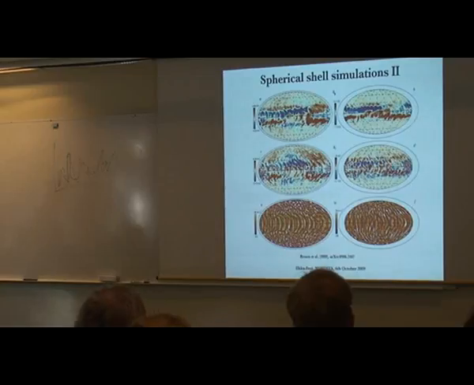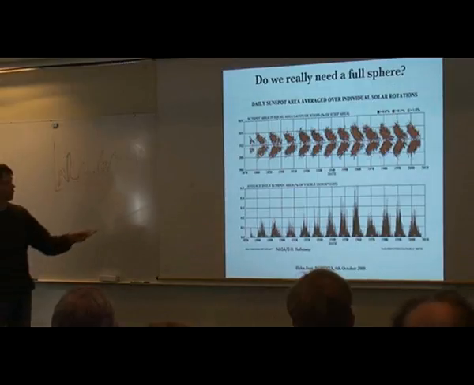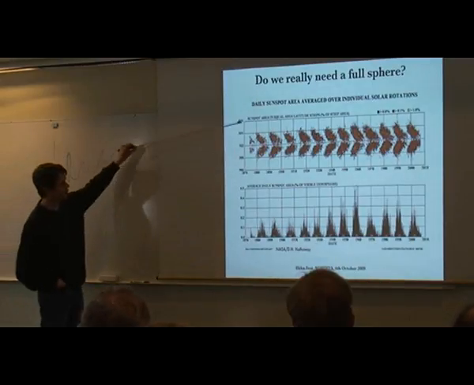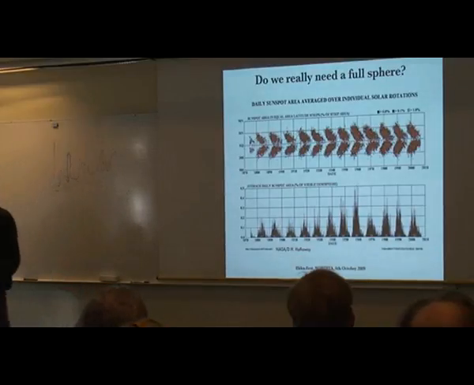And now the question is, do we actually need a full sphere to model the dynamo? If we look at where sunspots occur, we have this strip from -40 to +40 degrees latitude, where most of the action seems to be going on.